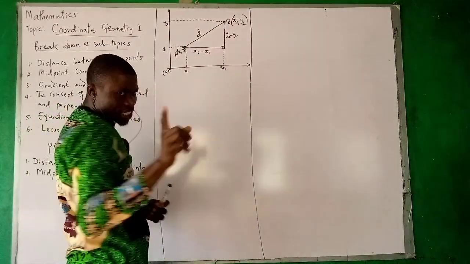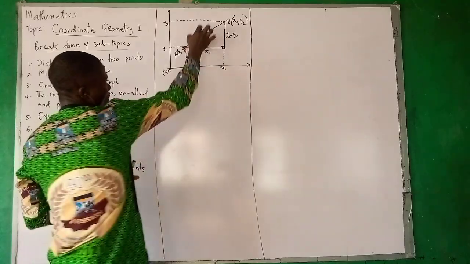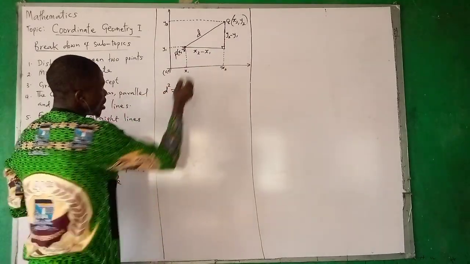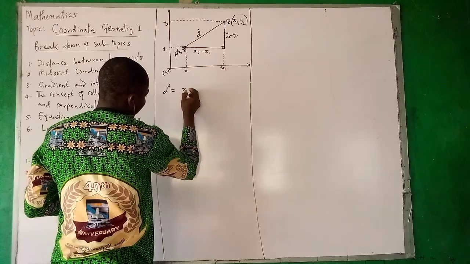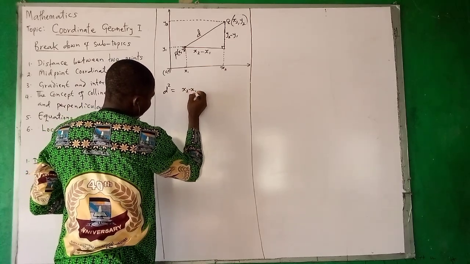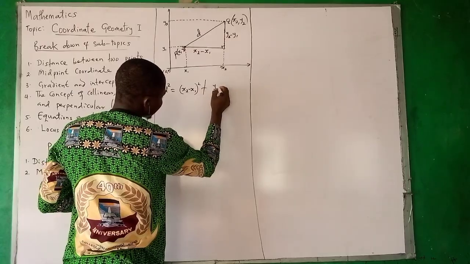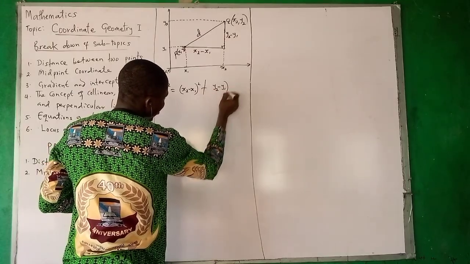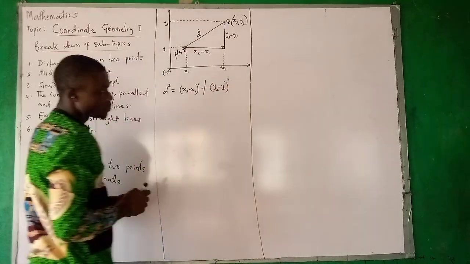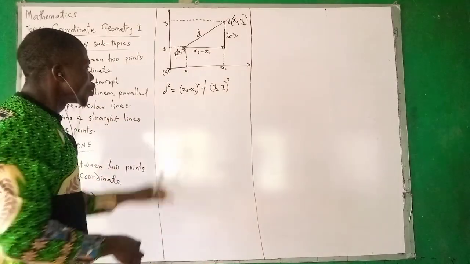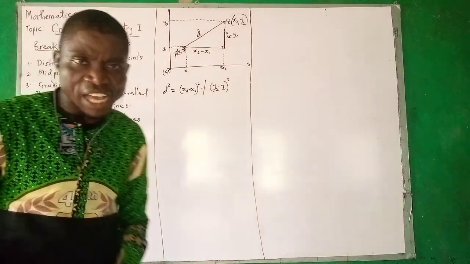So using that formula, my D square becomes x2 minus x1 all square plus y2 minus y1 all square.